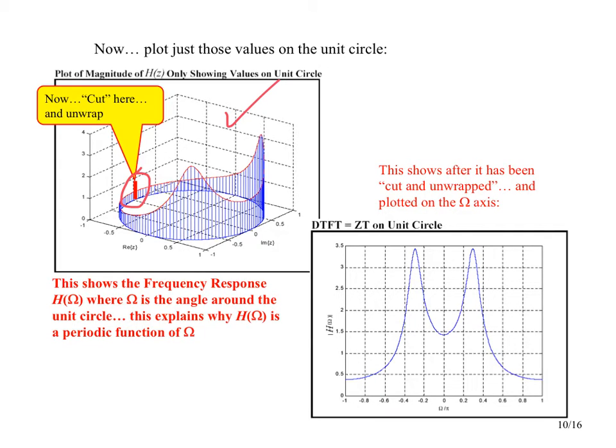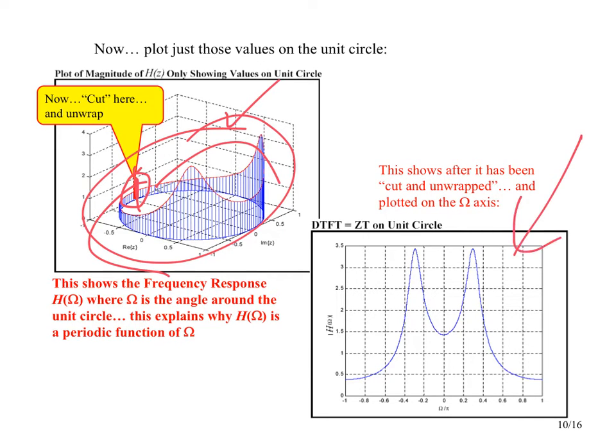It's also angle minus pi. So I'm cutting at the plus and minus pi point, and I'm going to unfold this just like I've taken a Burger King crown that I just got at Burger King, and they've already assembled it for me, and I'm going to take it apart and lay it flat. So when I take this, I cut here, I open it up, and it becomes this.